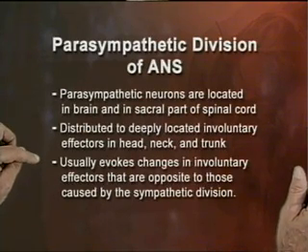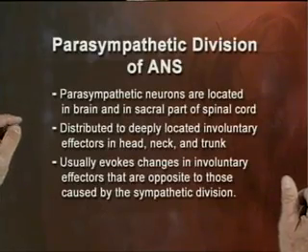And they usually give us changes in the body that are opposite to those of the sympathetic division. We say that the functions of the two divisions are, in general, antagonistic, because whatever the sympathetic division causes to happen in a certain location, the parasympathetic division tends to cause the opposite kind of thing to happen.